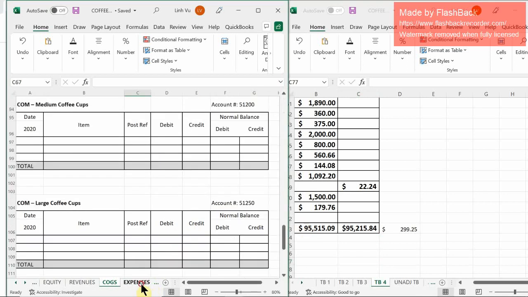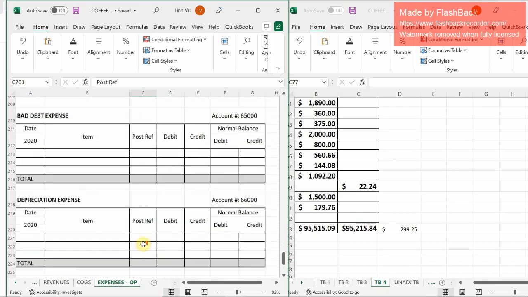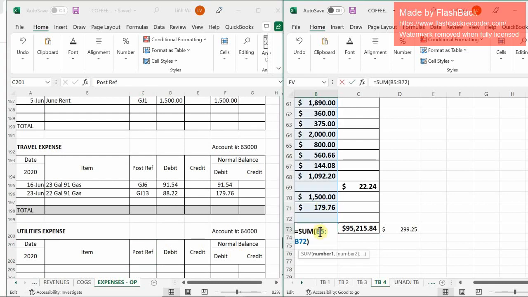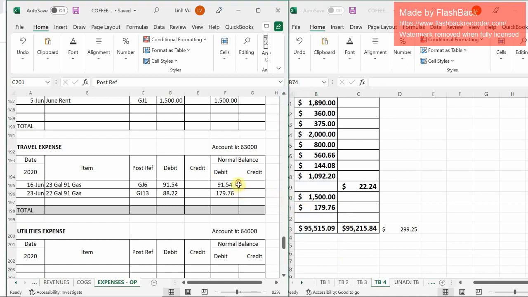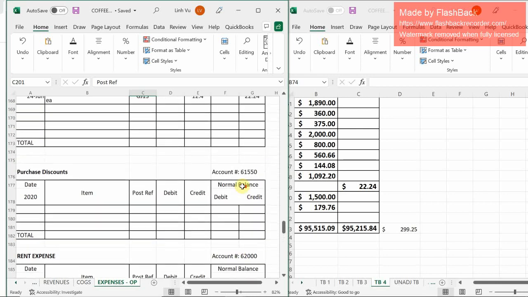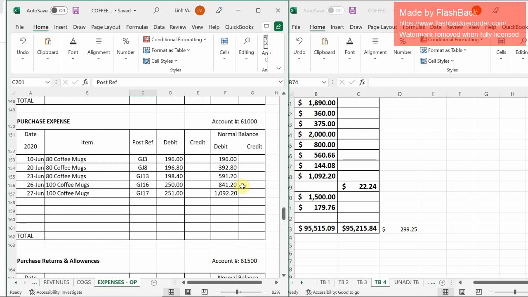So let's go through the accounts again, starting with my expenses. My last expense I have here is my travel expenses for $179.76. Rent expense is $1,500. Purchase expense is $10.92.20.